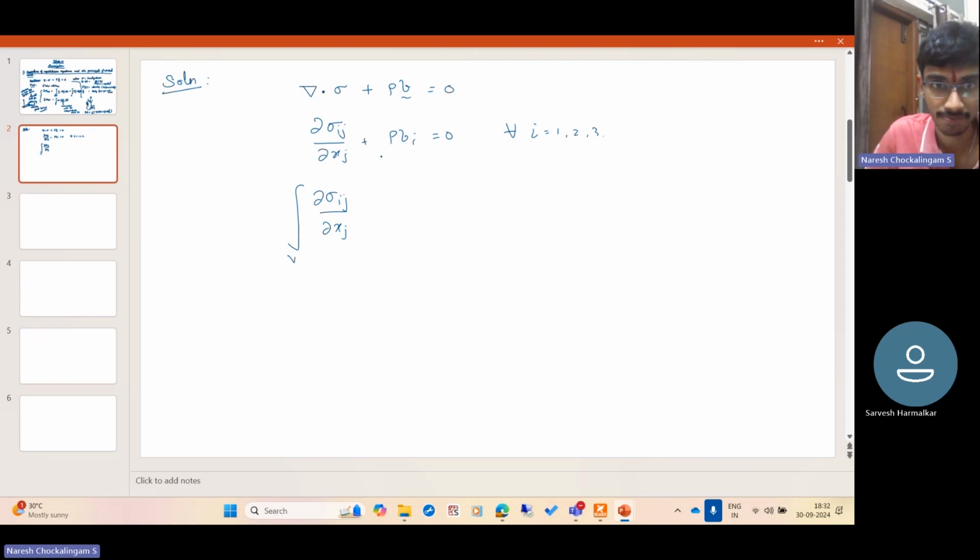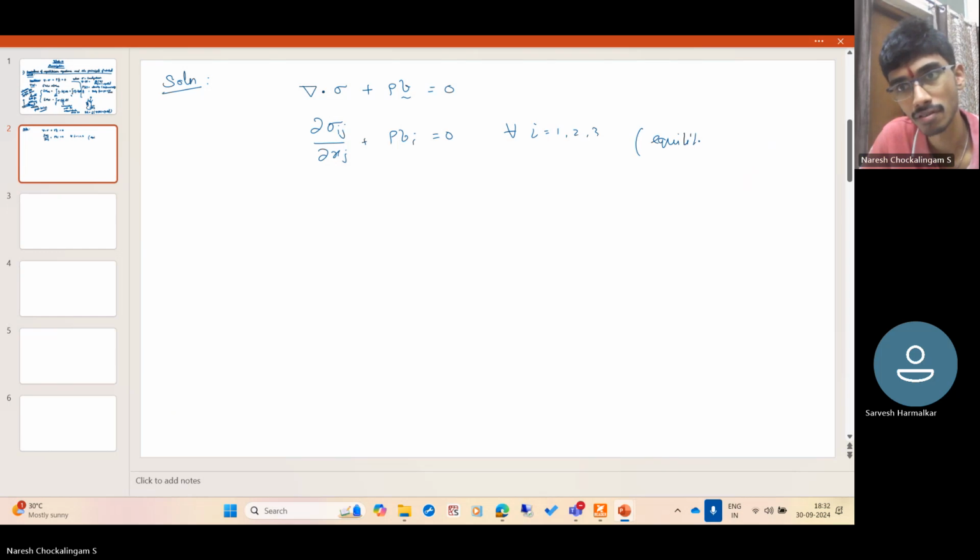This is force equilibrium, the statement of equilibrium of forces, and it has got three components, i going from 1 to 3.